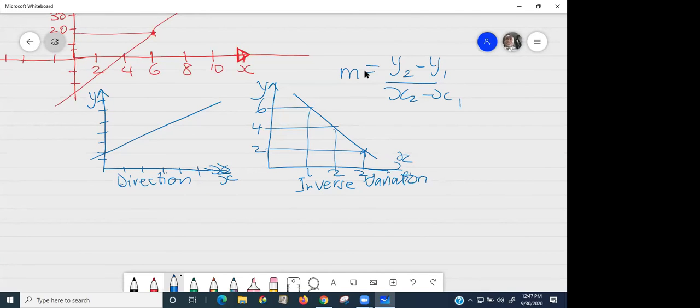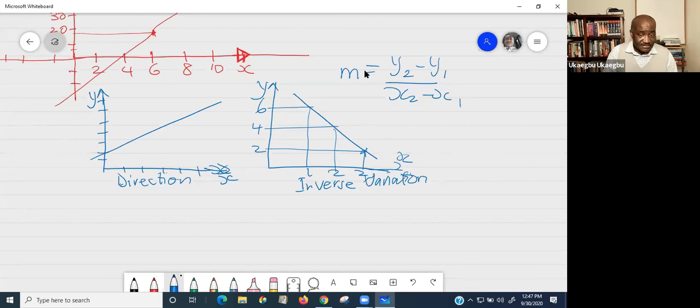All right? Mr. Okebu, can you explain combined variation and joint variation again? Yes. A combined variation is a variation that combines both direct and inverse variation.